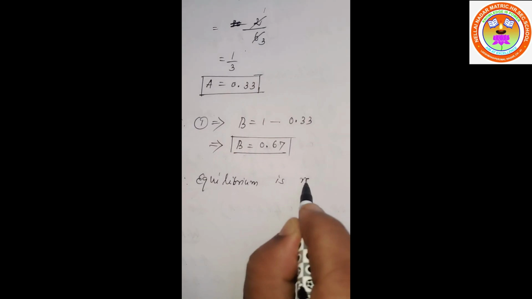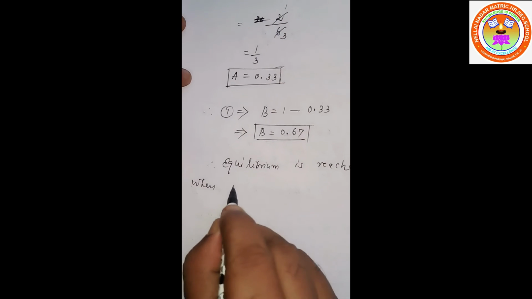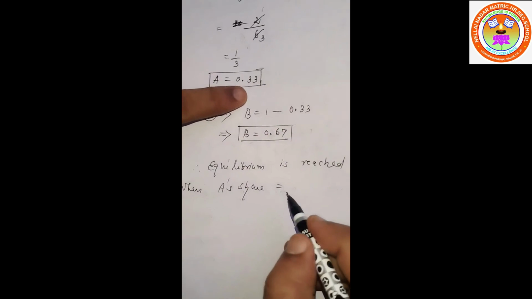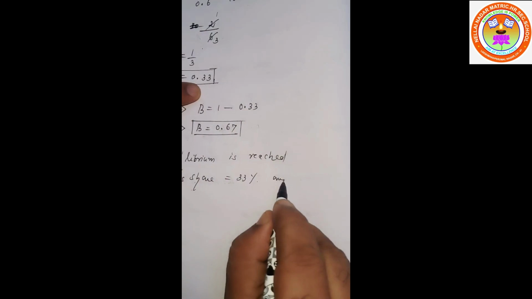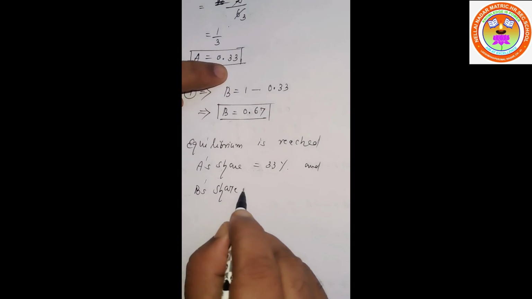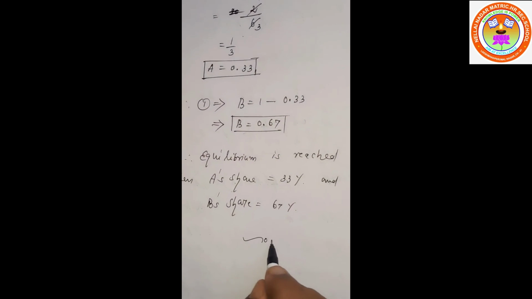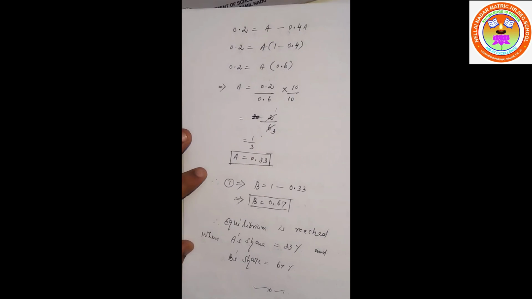Equilibrium is reached when A's share equals 0.33, in percentage 33%, and B's share equals 0.67, that is 67%. So exercise 1.3 is over, even chapter number 1 is completely over. You try to do the example sums, right?